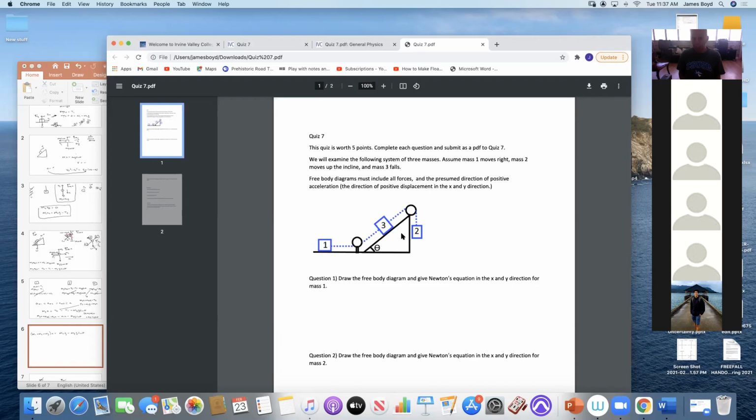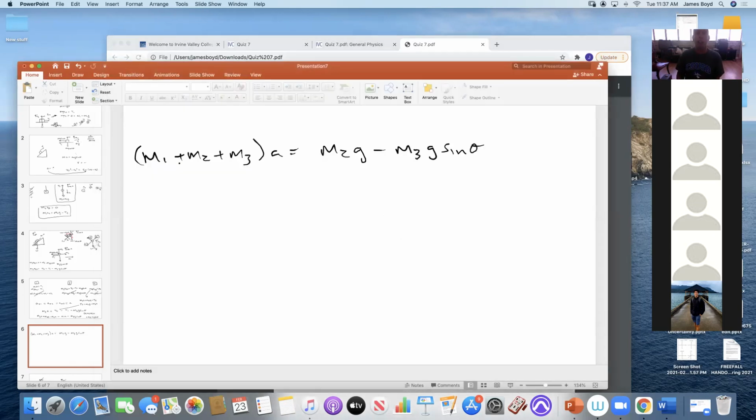And what we should see is that the sum of our m's times the net acceleration should equal those 2 forces. And is that what we see? Yes. Newton's law said that the sum of the masses times the net acceleration is equal to the sum of the forces. These are the only 2 forces in our system, really, that are acting. We can actually determine A since all these m's are the same.